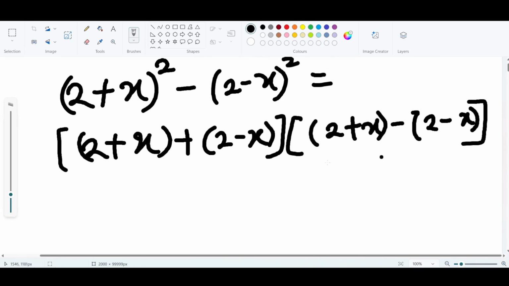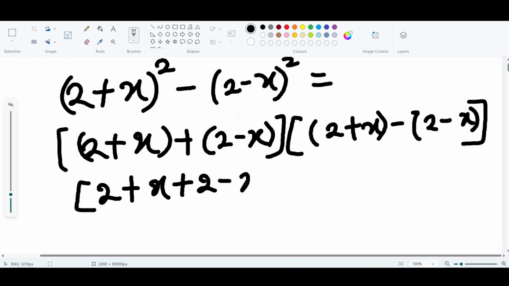At this point we can simplify it further. In the first bracket, plus 1 is opening the bracket, plus 1 is opening the bracket, so it's just going to be written as 2 plus x plus 2 minus x. In the case of the second one, plus 1 is opening the bracket, minus 1 is opening these brackets.